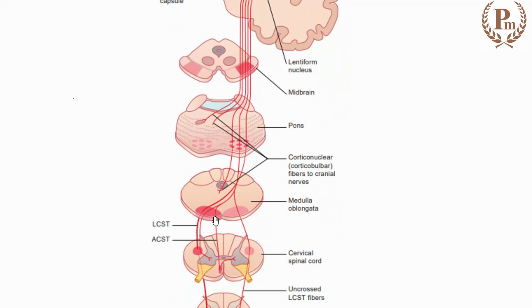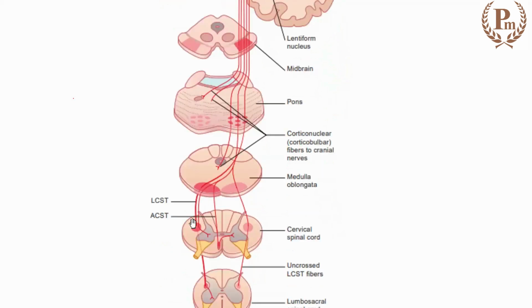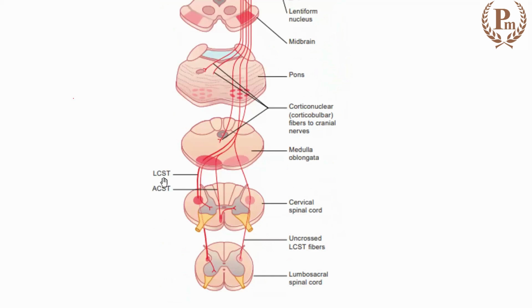This is the pyramid of the medulla oblongata. The maximum of the fibers cross over, and the crossed fibers we call the lateral corticospinal tract. Okay, 80% of the fibers cross over and descend as the lateral corticospinal tract.